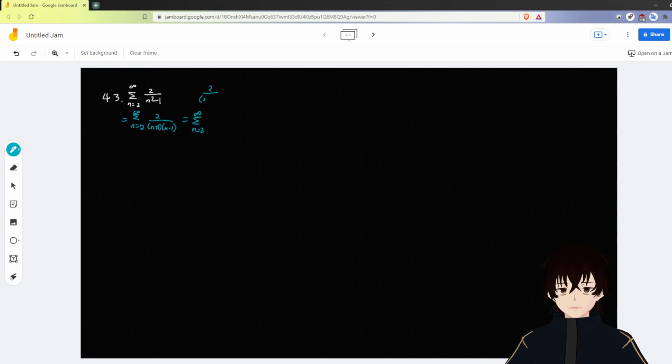2 over (n plus 1)(n minus 1) is equal to a over n plus 1 plus b over n minus 1.